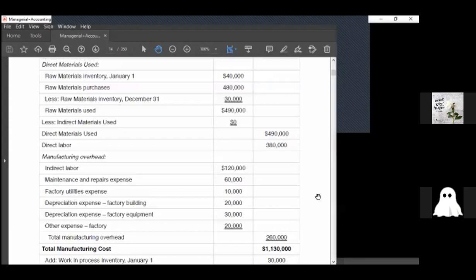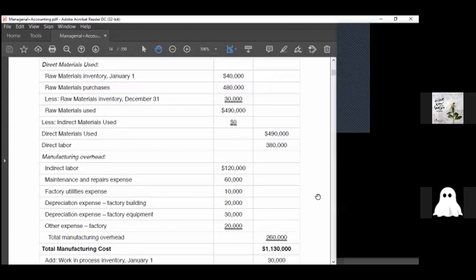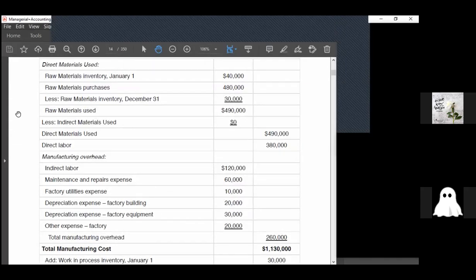But right now, all you have to understand is that the problems we are going to solve will have these items in a jumbled format. All you will be doing is converting them into this statement, remembering where items belong, placing them there, adding where they are to be added, subtracting where they are to be subtracted, and reaching the answer. Okay, that's how we are going to solve it.